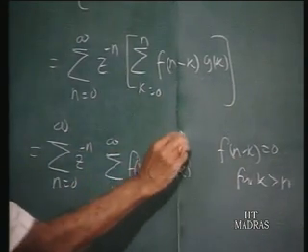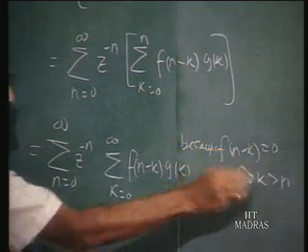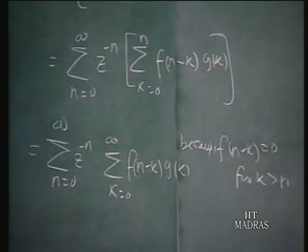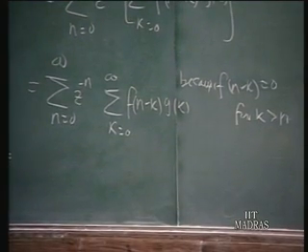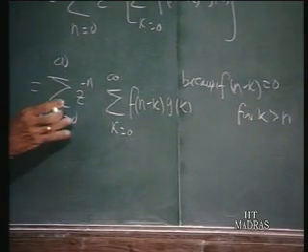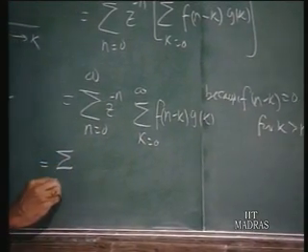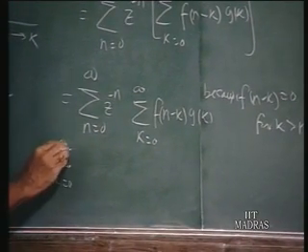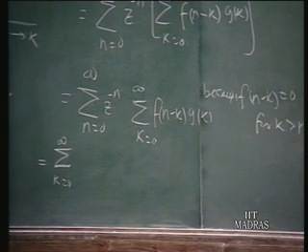Because of this, now what I can do is interchange the summation. I will first sum with reference to n and then with k. Therefore, in this double summation, I will take up the summation with reference to k later, and first take up the summation with reference to n.